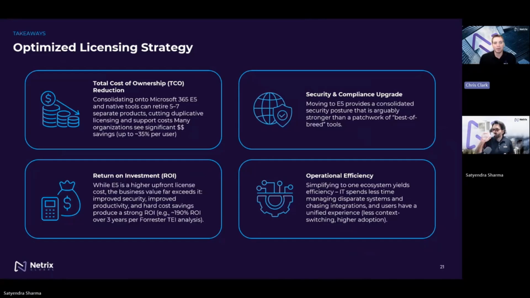It's also just overall return on investment. Could be on the security side, could be on the productivity side. There's definitely a strong aspect of that. And really just understanding some of the security and compliance capabilities you can get by consolidating. So really increasing your security posture, having a higher level of incident response capabilities by having a consolidated solution, which really leads to the operational efficiency component as well.